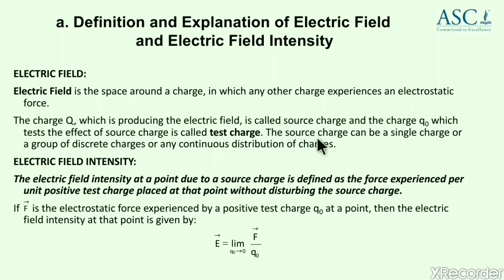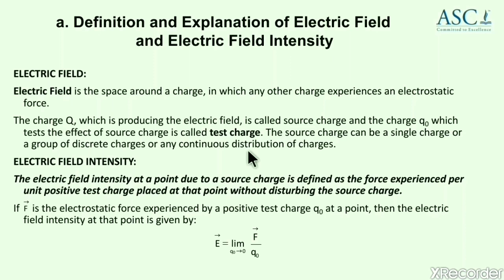Even this source charge can be a single charge or a group of discrete charges or any continuous distribution of charge. That means it can be a single charge with a large magnitude, or a group of discrete charges. Discrete in the sense you can count the total number of charges, while continuous means you cannot count; there are a lot of charges spread and very close to each other.